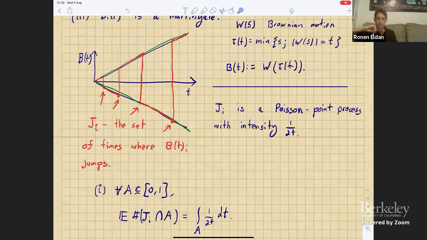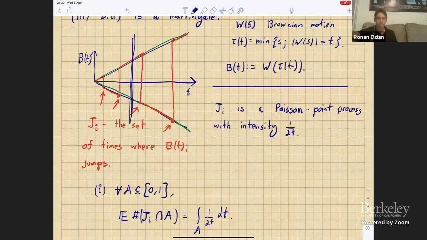But an important property that we'll have is that, given that we know everything that happened until some point in time, the locations of jumps in the future are going to be independent from what we saw so far.